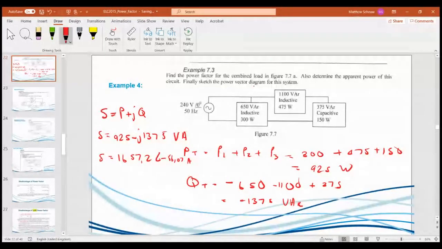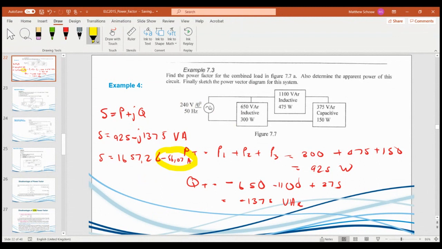They're asking for the power factor. The power factor is attached to the apparent power, as in the previous example. That's the total power factor of the whole supply.